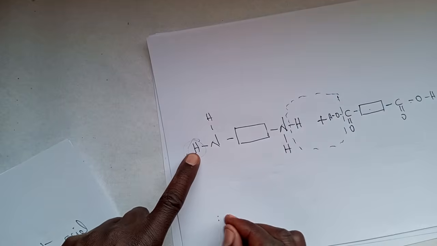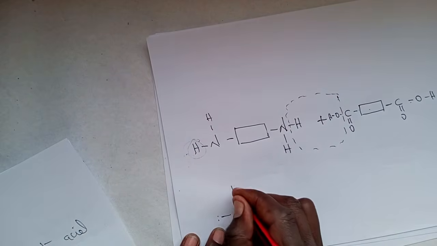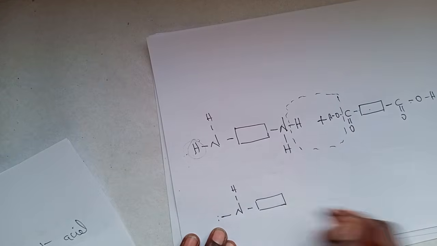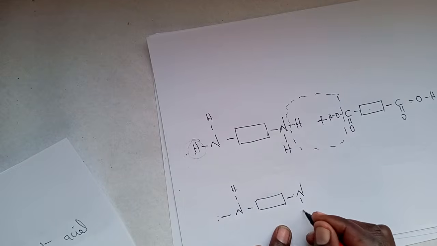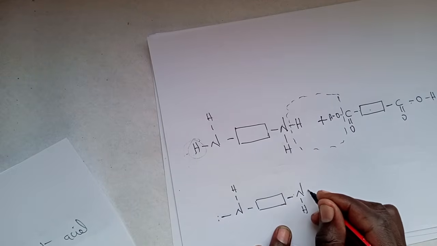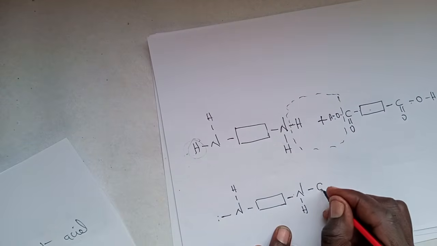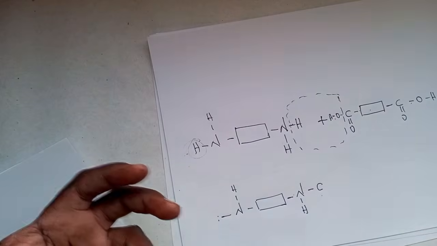So instead, we will just indicate a bond, an N like that, H, and then our N is recognized there because it's there. But we will not put this, but we are going to recognize this C here. So it depends on how we want it, for it to look smart.